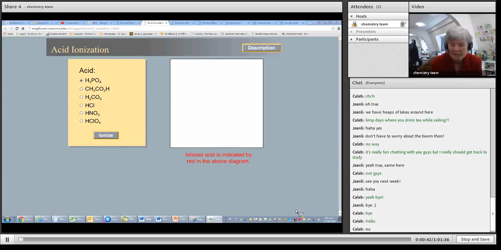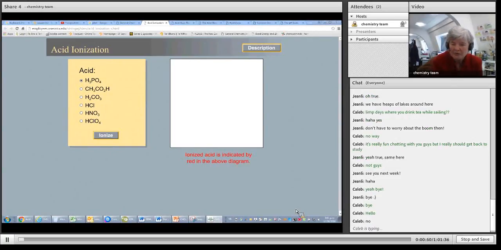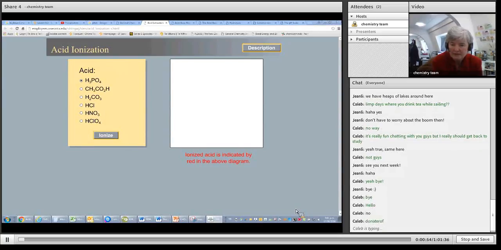So the first thing is, if we're looking at acids and bases, what is an acid? How would you describe it? It's a donator of H plus or protons or hydronium ions. Yep. So that's acids in solutions, and that's what we call the Arrhenius definition.